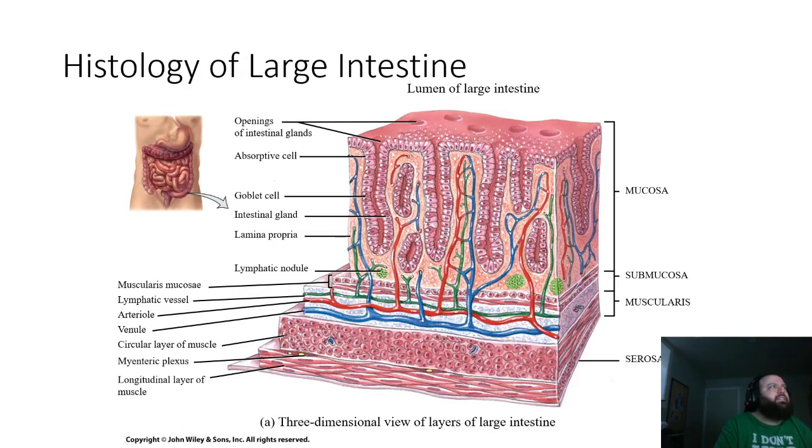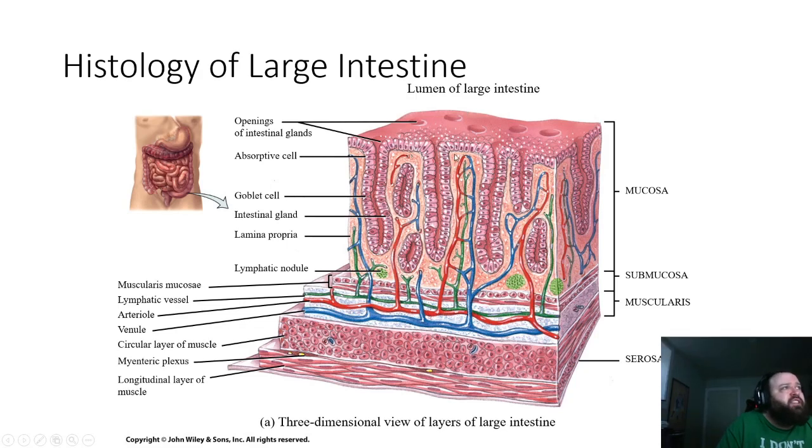Just to look at the histology of the large intestine here, I don't need to beat a dead horse. You should be pretty familiar with the mucosa, submucosa, muscularis, serosa components here. The epithelium, because the material in the large intestine is still chyme, so it's just dissolved materials in water, we only need a simple columnar epithelium here.